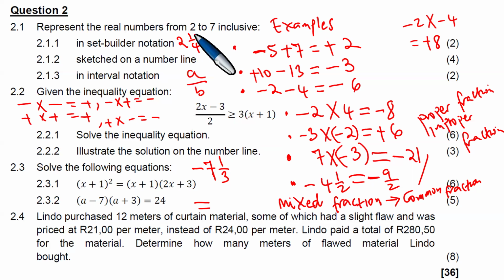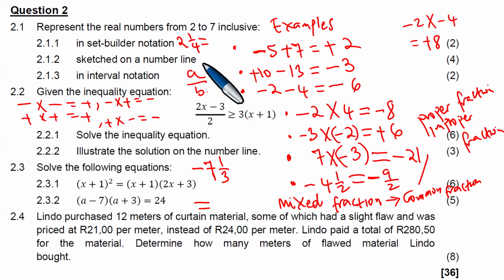What would 2 and 1/4 be as a fraction with a numerator and denominator? We use the same procedure. You multiply 2 by 4, and you get 8.